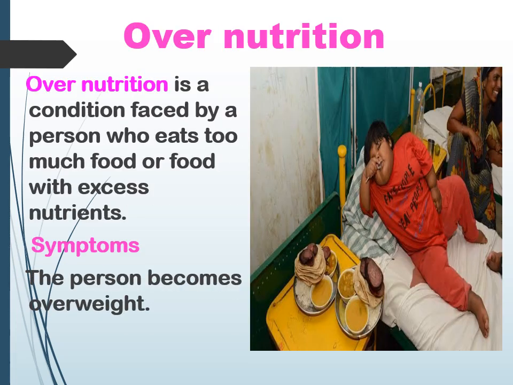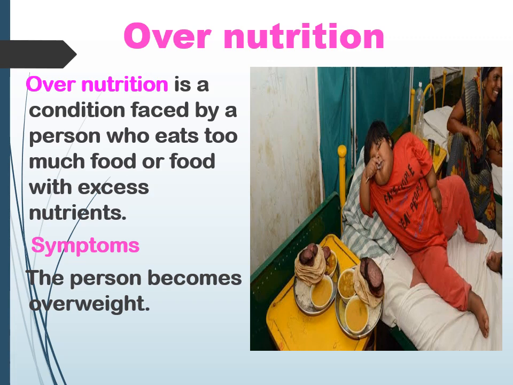Now, let us see what is overnutrition. Overnutrition is a condition faced by a person who eats too much food or food with excess nutrients. So what happens to the person facing overnutrition?